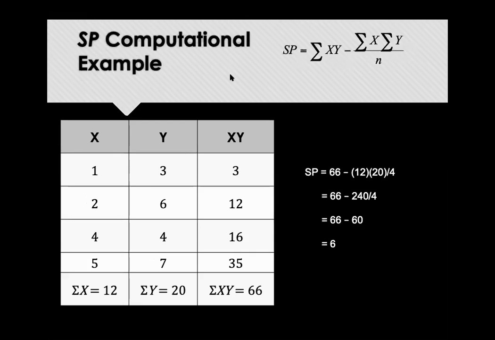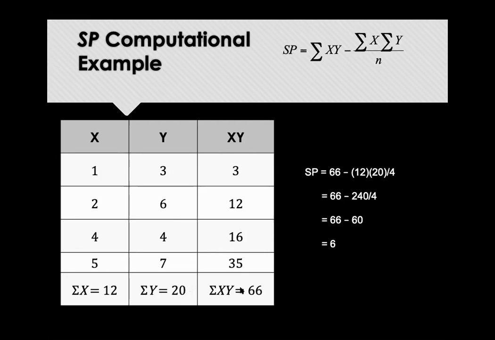Okay, so here is that computational example filled in. You'll notice you're going to sum up x, you're going to sum up y, so sum of y here should be 20. Then you're also going to multiply across. So for this column here, x times y, 1 times 3 is 3, 2 times 6 is 12. And then you're going to sum up x times y. So adding down in all 3 of these columns, the sum of x times y is 66.